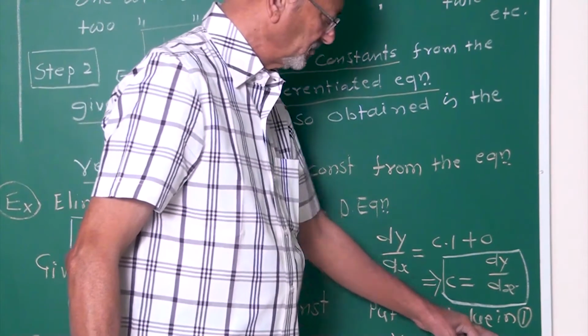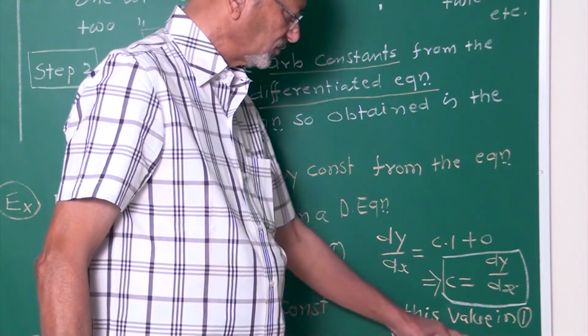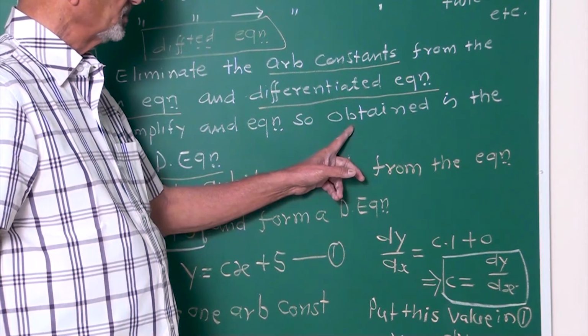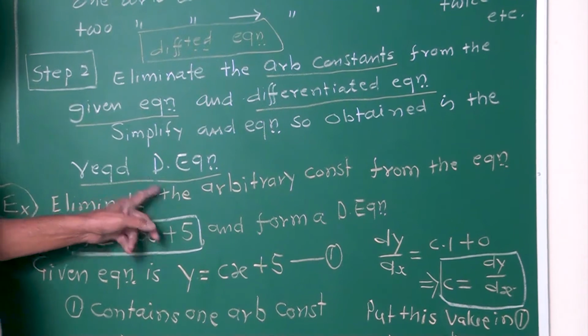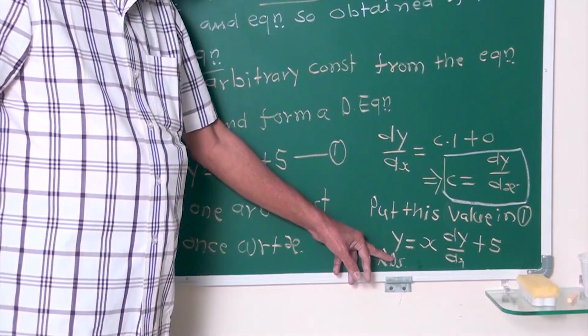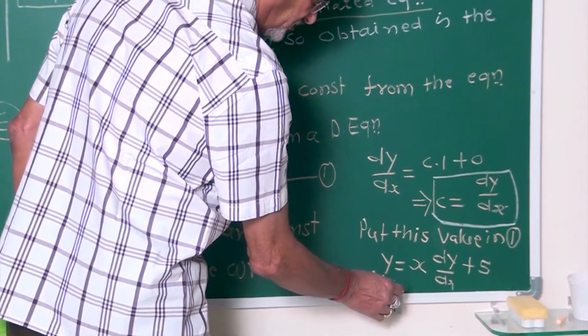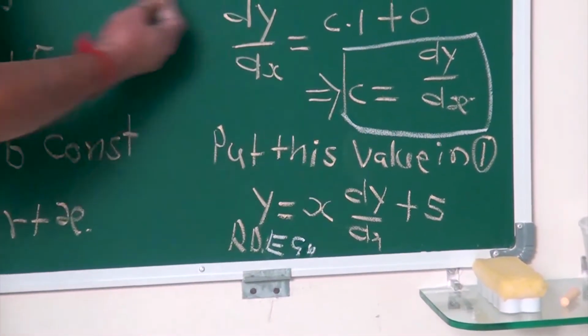Now, this is the equation which contains derivative and it is free from arbitrary constant. So, the equation so obtained is the required differential equation. This is the method, my friends.